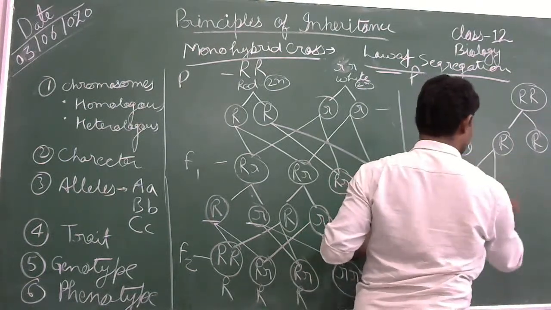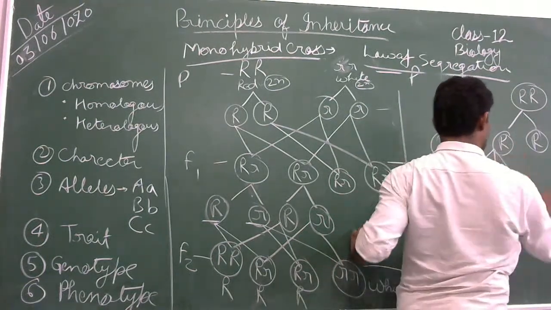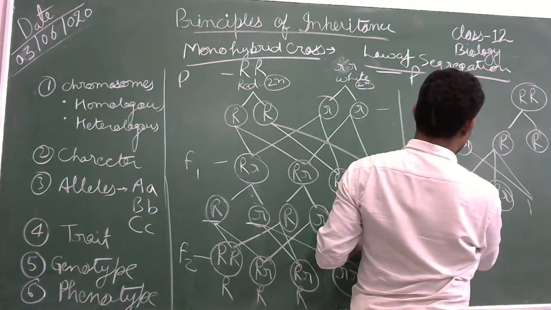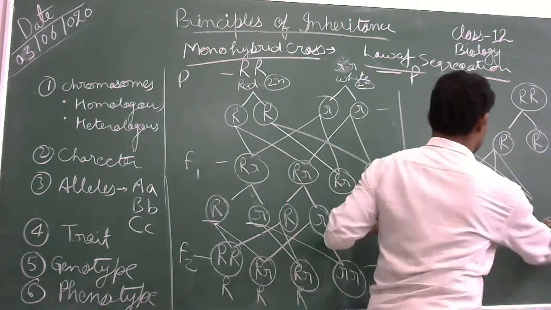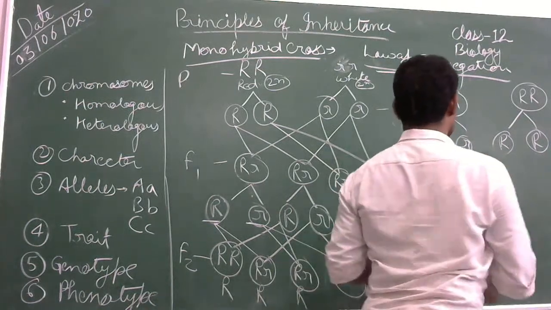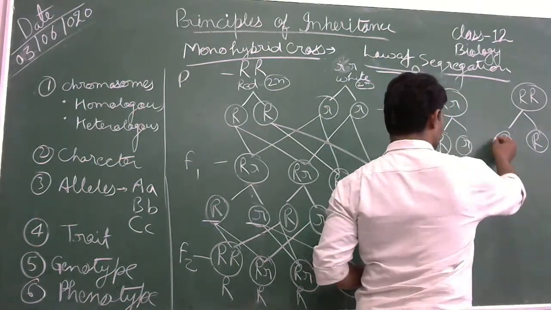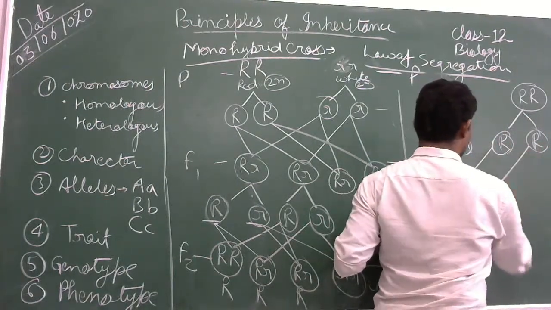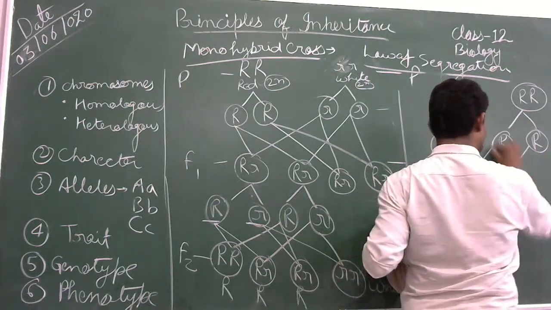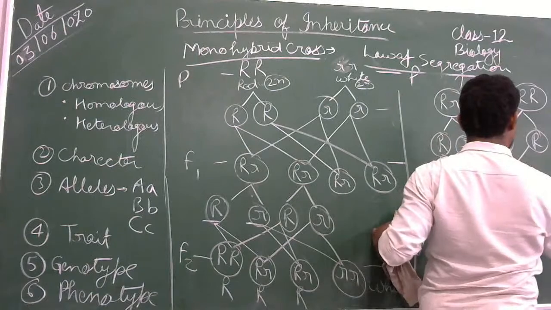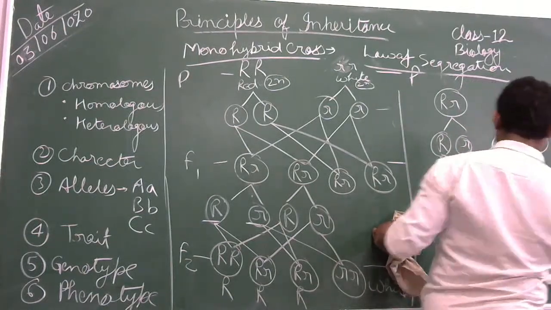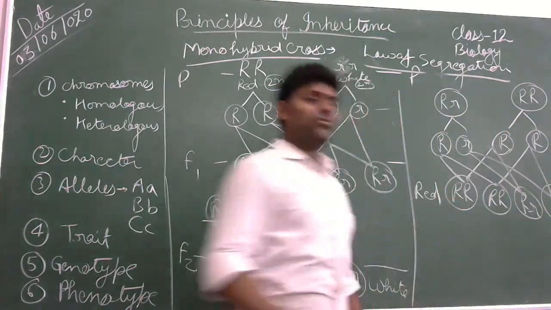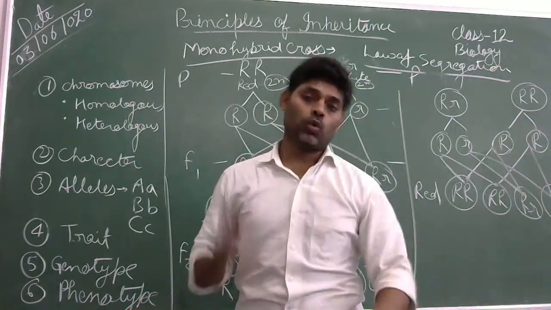Capital R, capital R. This one, capital R, capital R. This one, capital R, small r. All are red. All plants are red. We are getting nothing new. This is the back cross. One more back cross is there.